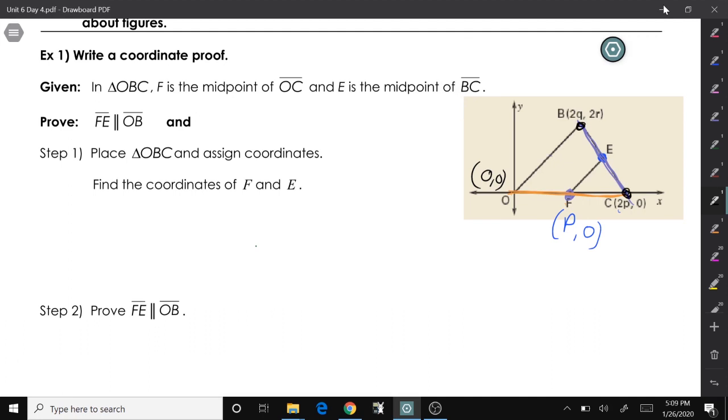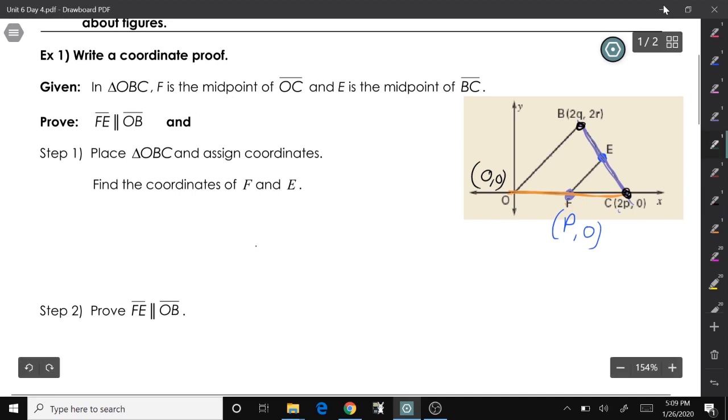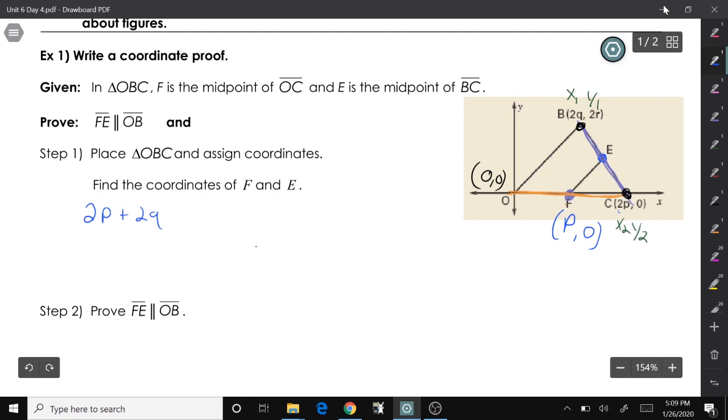We're going to calculate it using x1, y1, x2, y2. So we're going to do (2p plus 2q) over 2, comma, (0 plus 2r) over 2.